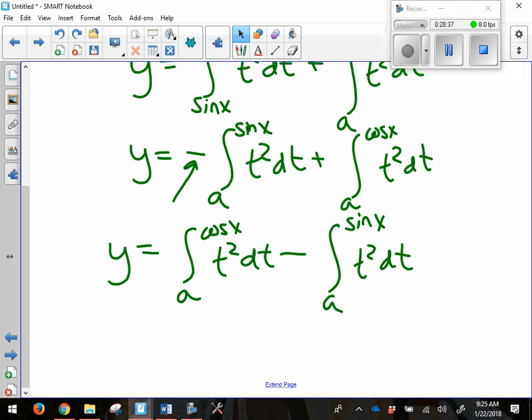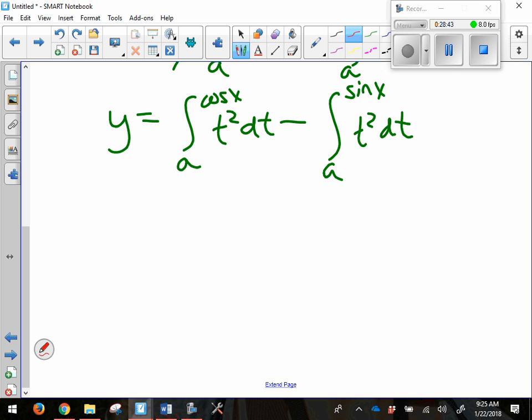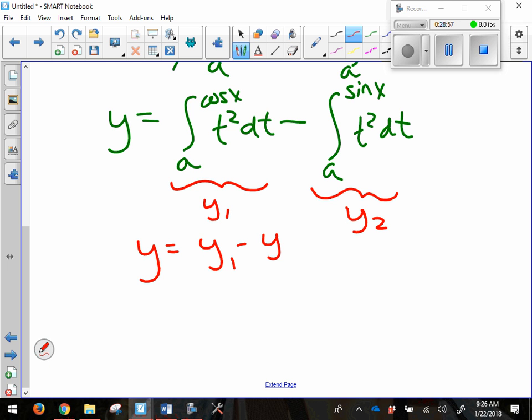Now what am I going to do? Now I'm going to use the chain rule. So I'm going to break these down and just treat them separately. So this is going to be y1, and this is going to be y2. So y is going to be y1 minus y2.